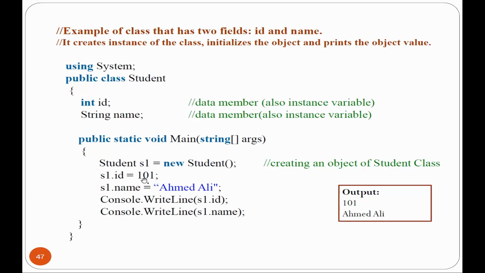So s1 dot id, and we have taken here any value of integer type. Here s1 dot name, we have taken a string type value. Then Console.WriteLine, this is the output display method. So s1.id and s1.name, this is giving the value for the ID and the value for the name.